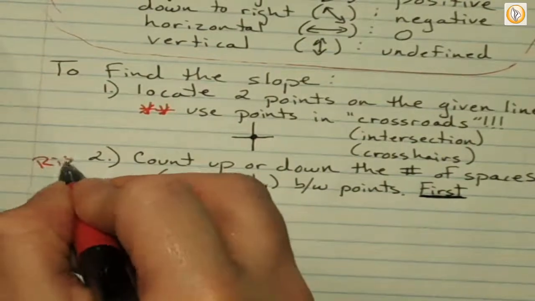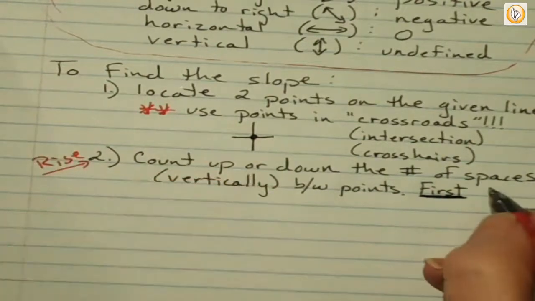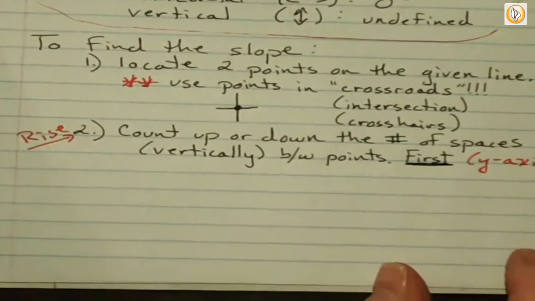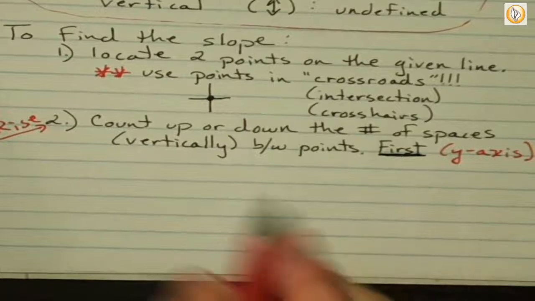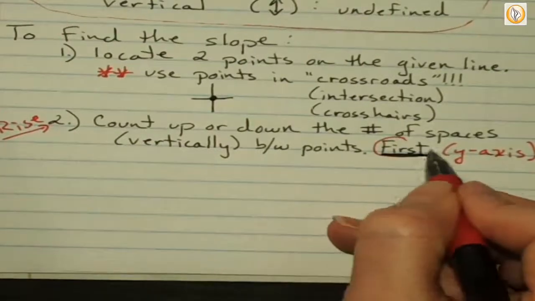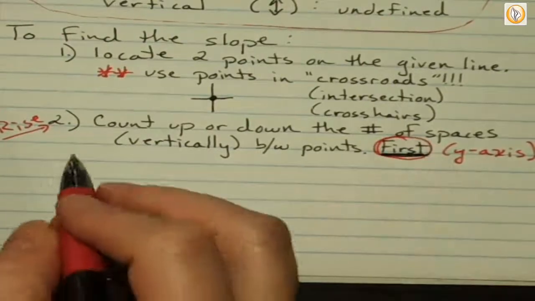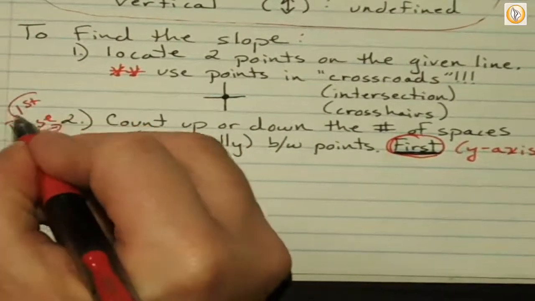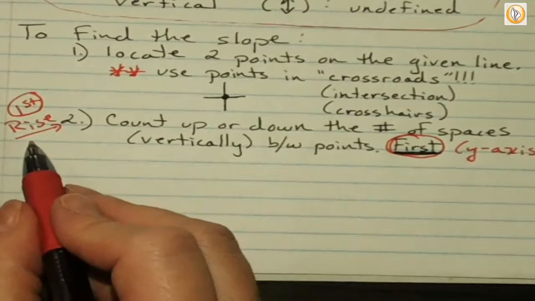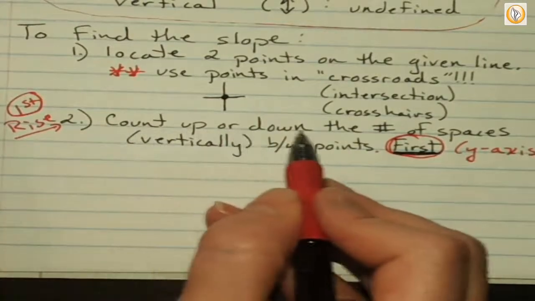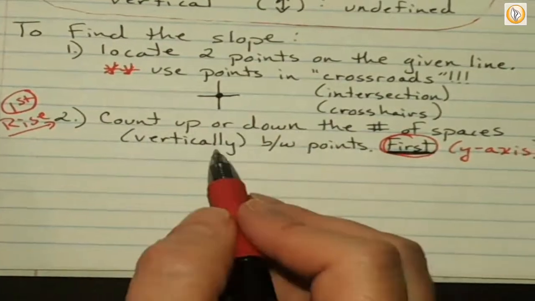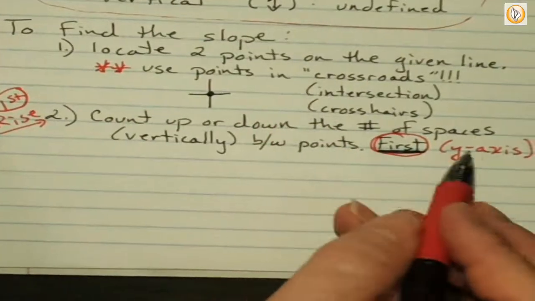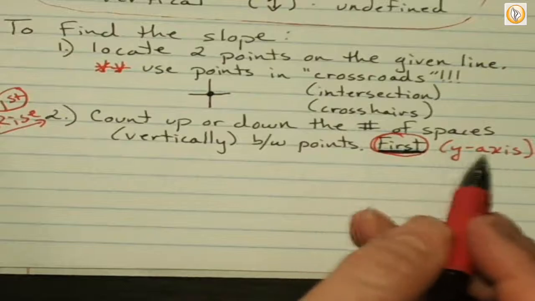This is your rise. This is your y-axis. So first, and I'm going to write first right here. The first thing you do is count up or down the number of spaces vertically, that means up and down, between points. We're talking about the y-axis.